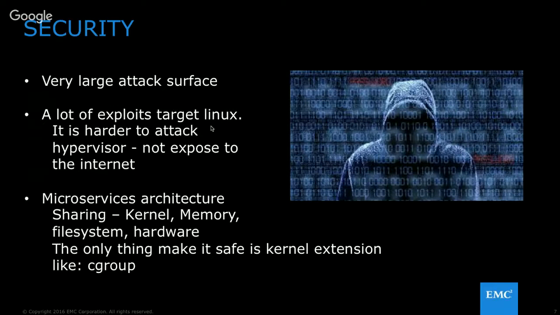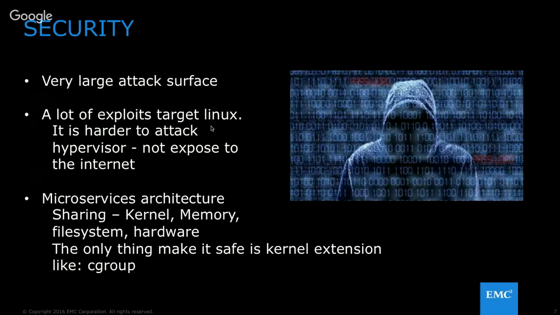And if you're looking at security, which is always interesting to see, there is a very, very large attack surface in Linux because there is a lot of configuration, a lot of it probably unnecessary, right? There is a lot of exposure that targets Linux, which is a little bit harder to do with a hypervisor because it's usually a different type.